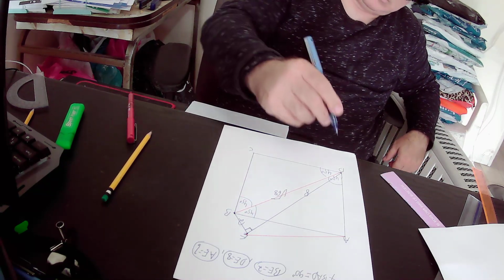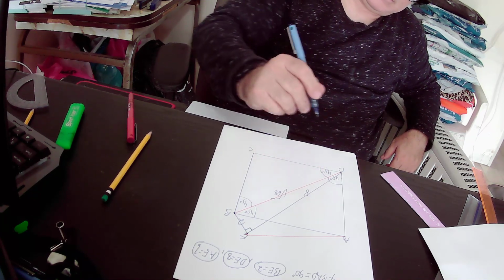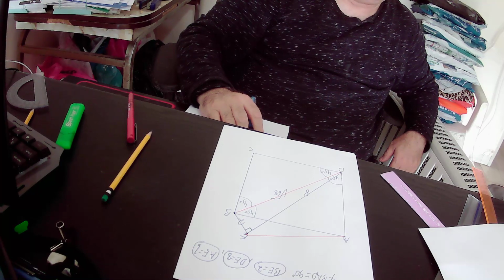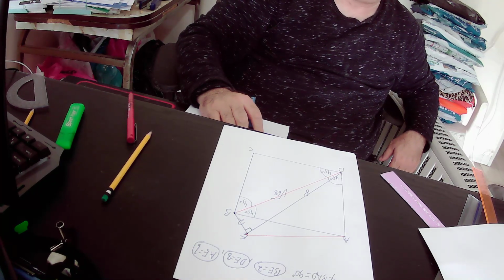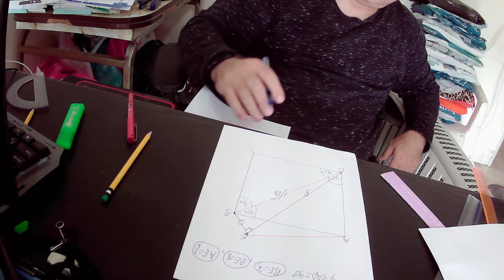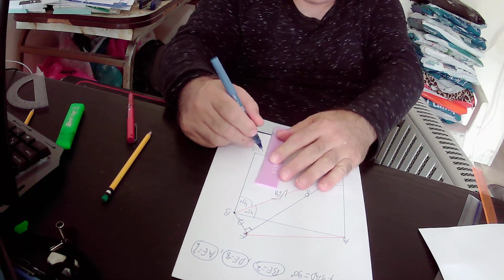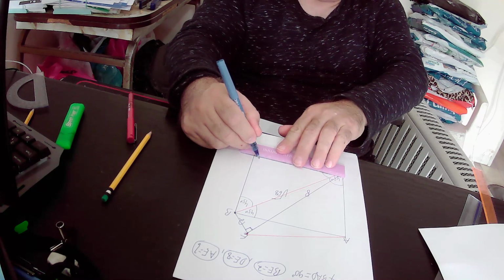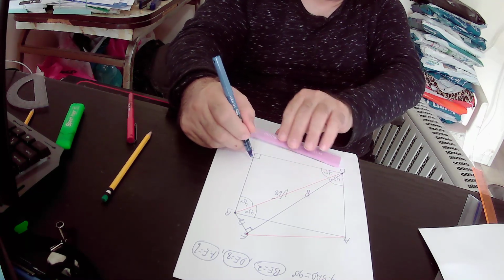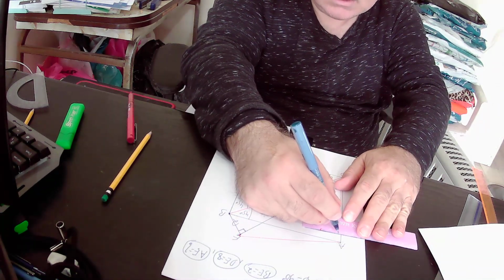So we know that all the angles of a square are right angles, and therefore angle BCD will be equal to 90 degrees, and angle DAB will also be equal to 90 degrees.